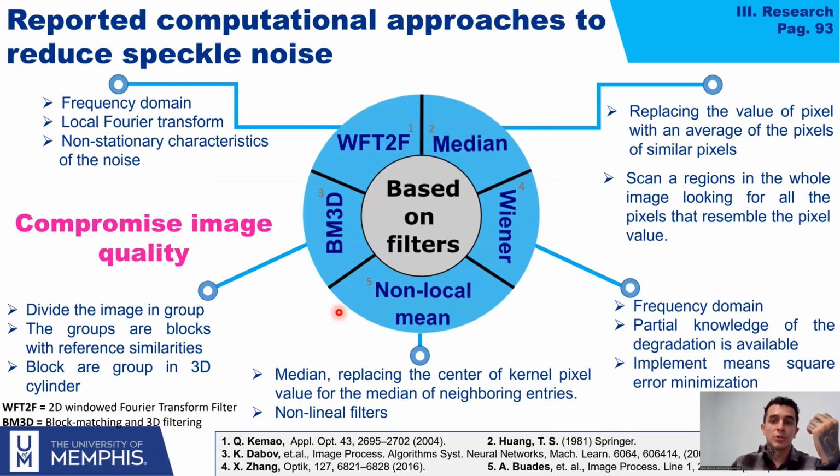So there are different approaches to reduce the speckle noise. Some of them work in the frequency domain, others in the real domain. But in general, all these strategies focus on the use of filters. The methods that appear in this slide are considered the state of the art.